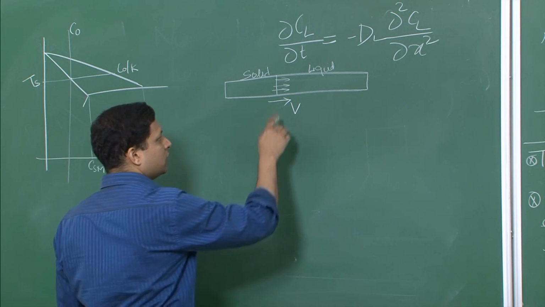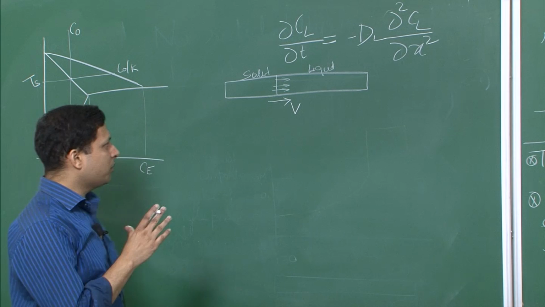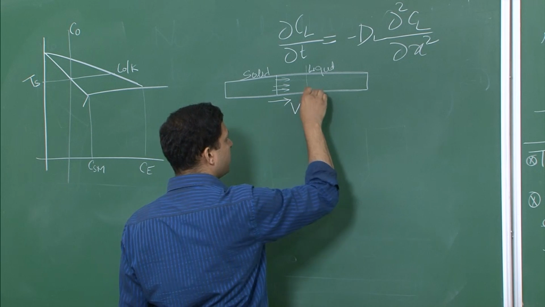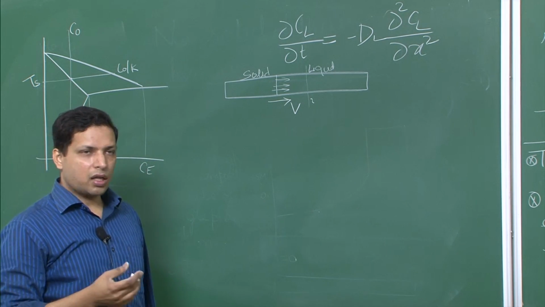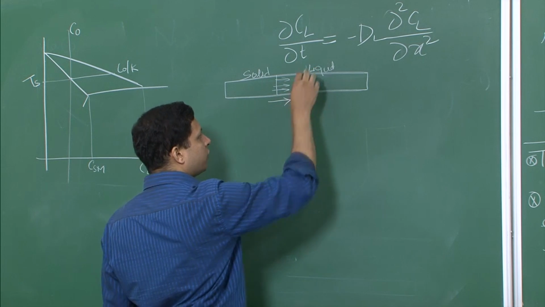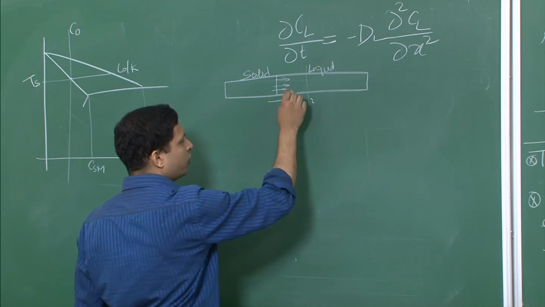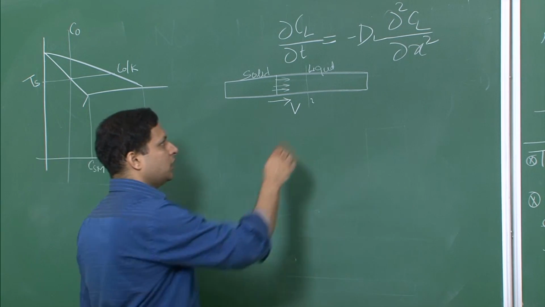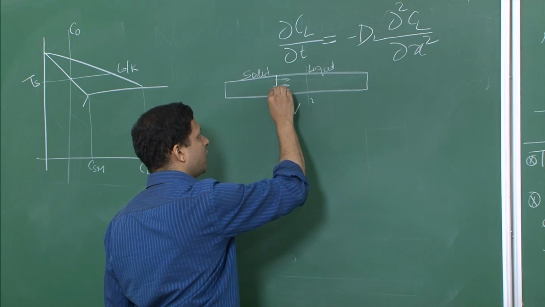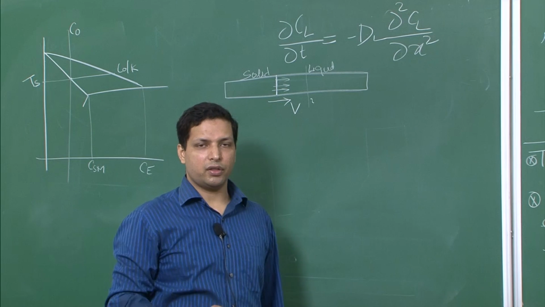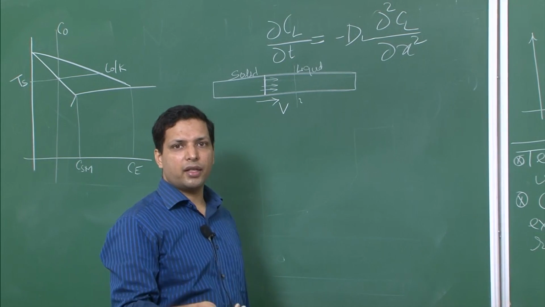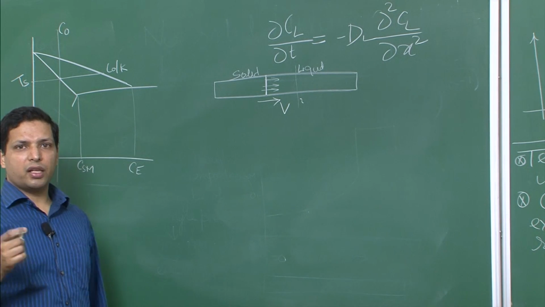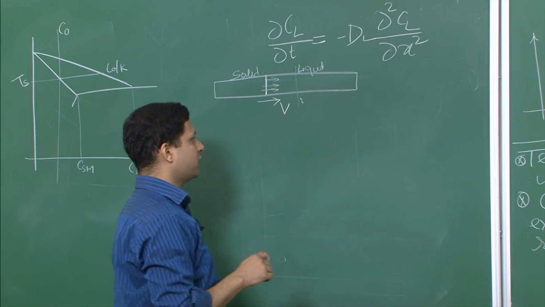Now since this is also moving, if you look from the lab reference frame at any particular plane, let us say ith plane, if you look at the change in the concentration del C over del t, basically the flux, that flux would be higher when it is in the lab reference frame. But when you are looking at the interface reference frame, that is, let us say you are moving along with this interface, then that velocity is not there, and therefore there is no additional flux because of that, which means that the lab reference frame will give you a higher flux than the interface reference frame.